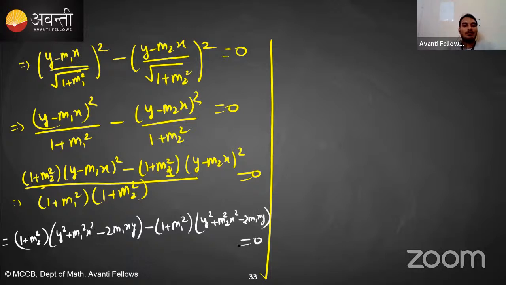Clear so far, everyone? Tell me quickly in the chat box. Is there any doubt so far? Just algebra, now only the calculation part. It is a bit lengthy calculation, but the answer at the end will be the easiest.